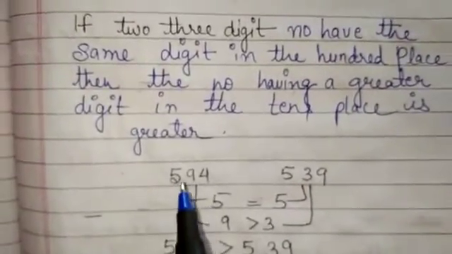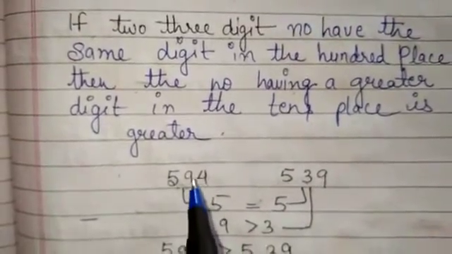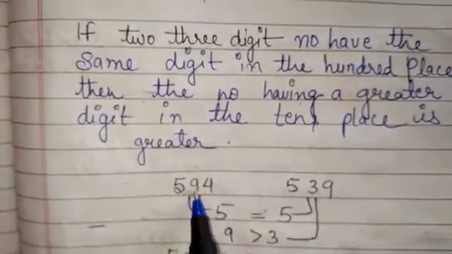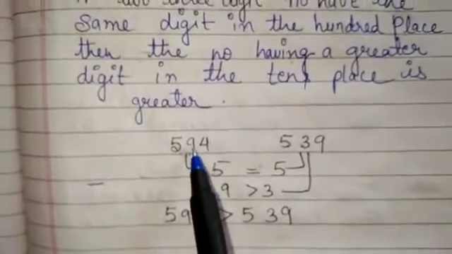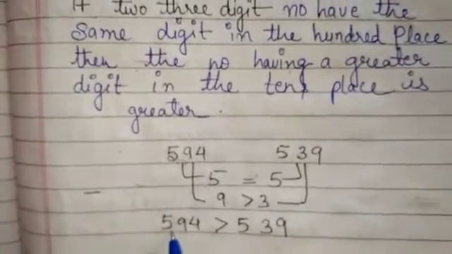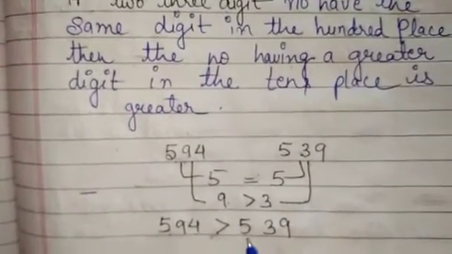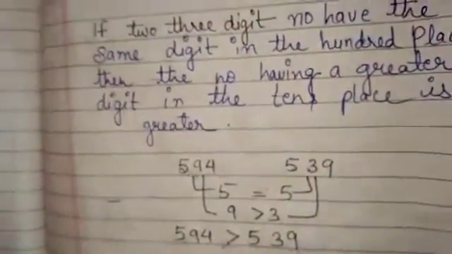On the 100s place, 5 and 5 are the same. So now we will look at the 10s place, 9 and 3. We can verify that 9 is greater than 3. So 594 is a greater number than 539. This was all about the 10s place.